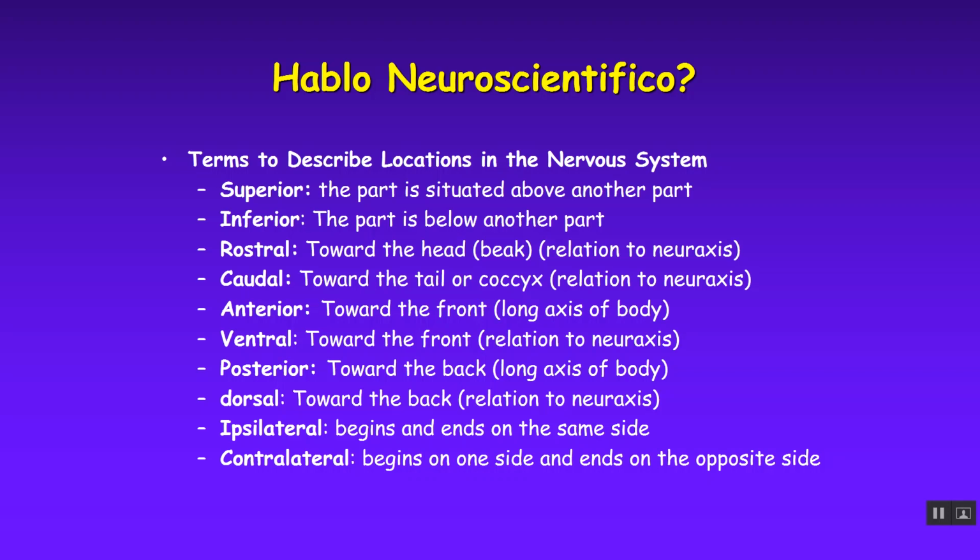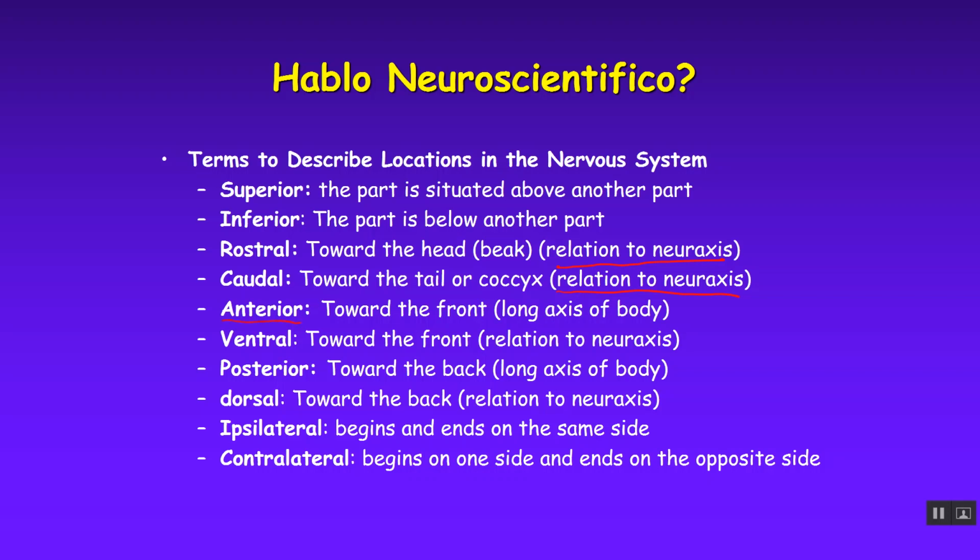I'll show you some pictures that help make that a little easier to understand. But rostral means towards the beak. Rostrum, nose, towards the beak, and caudal is the tail, so towards the tail. Okay, so rostral and caudal are terms we can use, and typically you use those terms in relationship to the neuraxis, the axis running through the central nervous system.